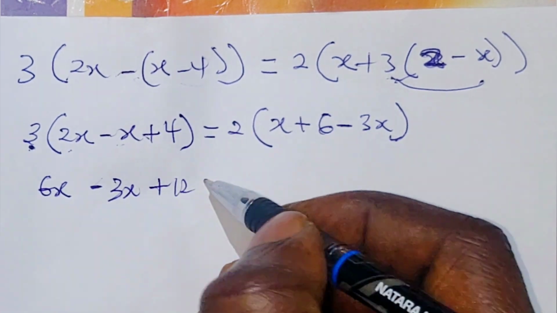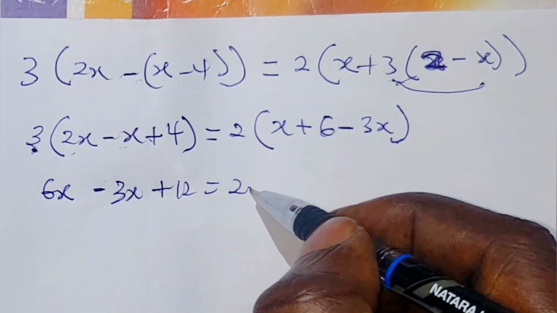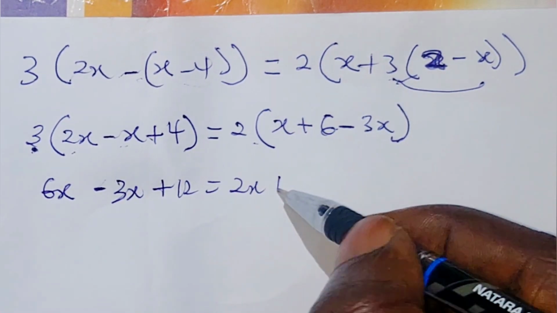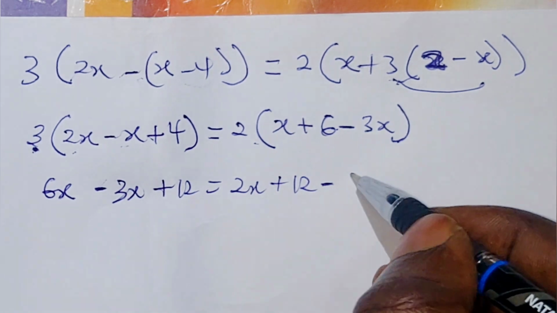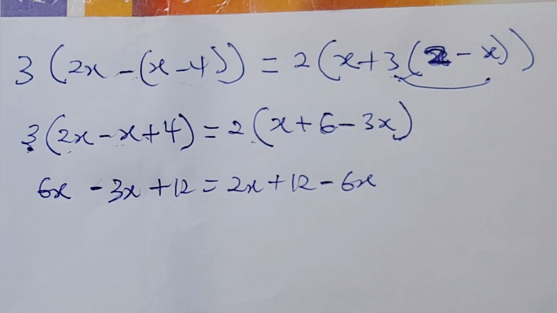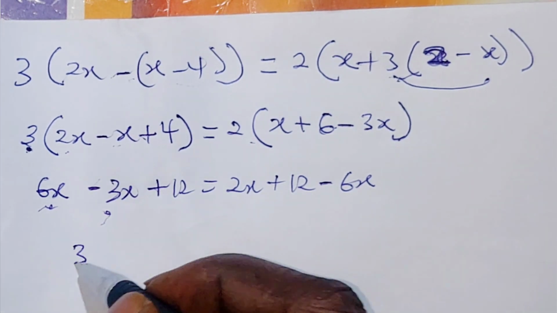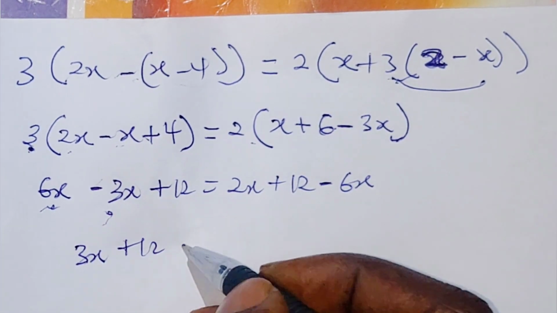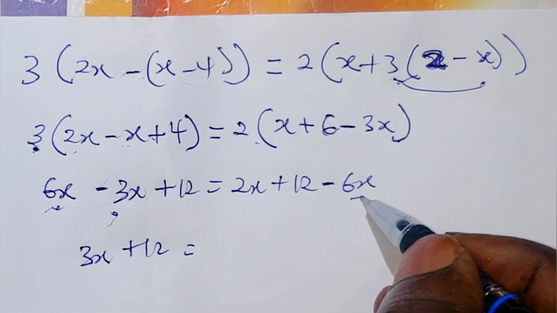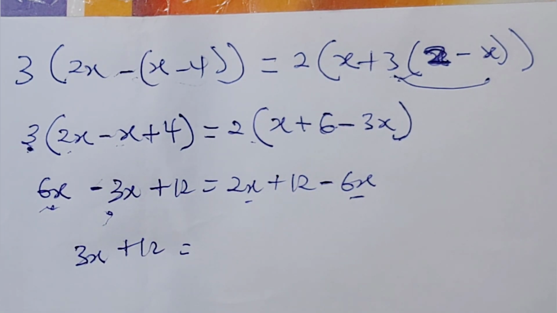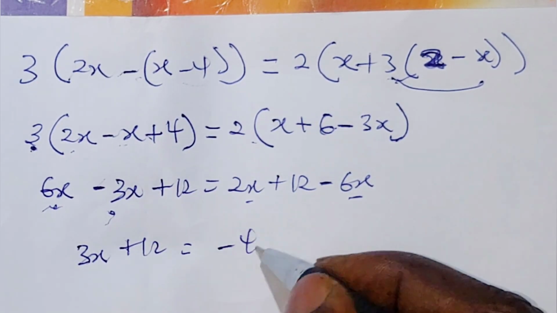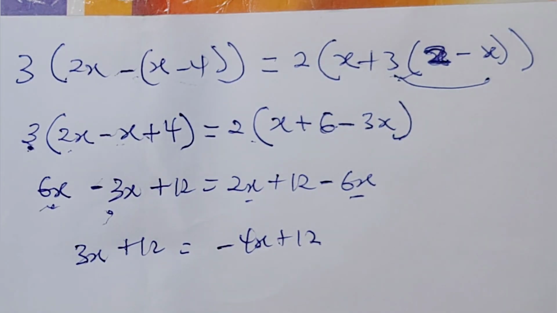Then 3 by 4, we get 12. Then we get 2x. Then we get 12. Then 6x. Then we can operate on this and that. That should give us 3x plus 12. Then we can solve this and that. That should give us negative 4x. And then we have that.